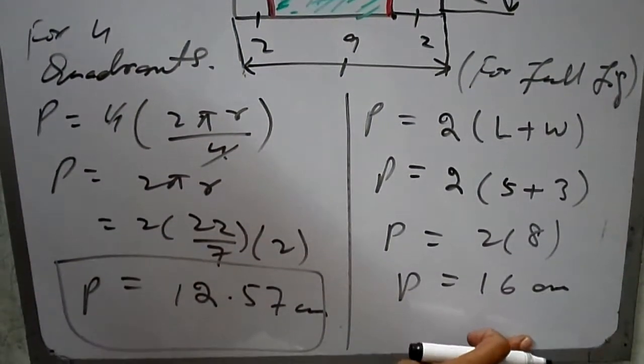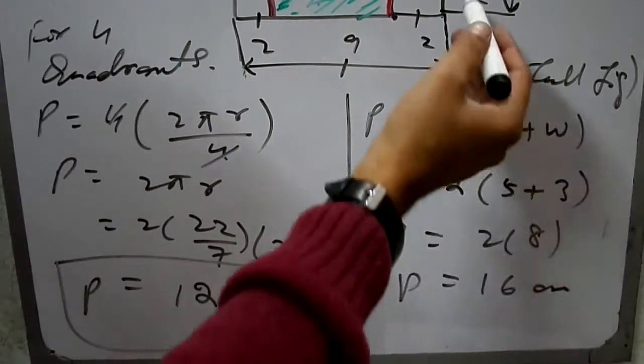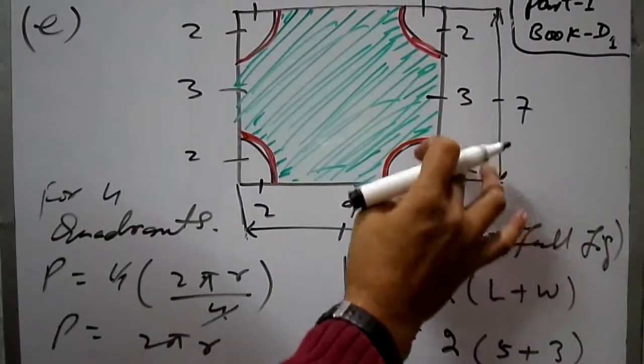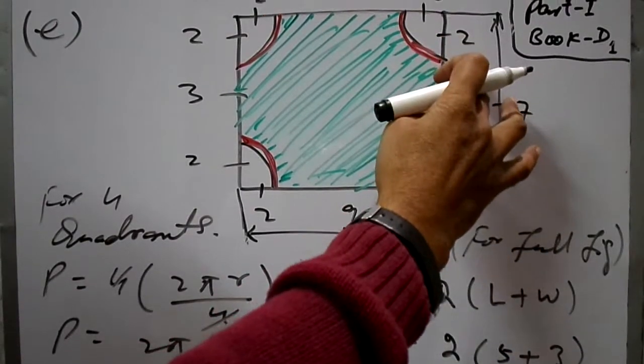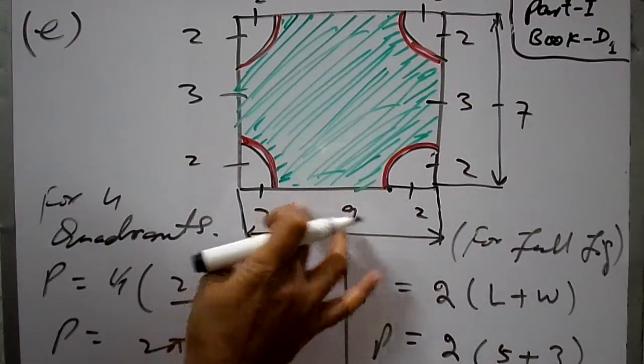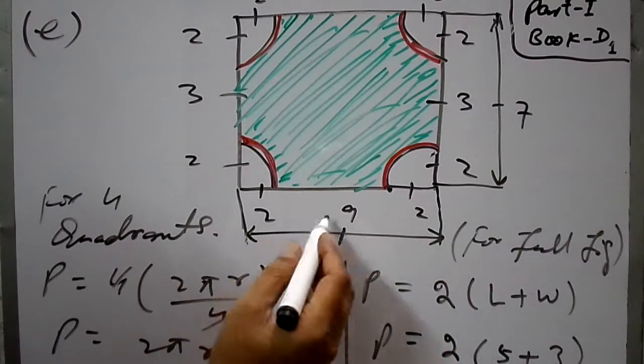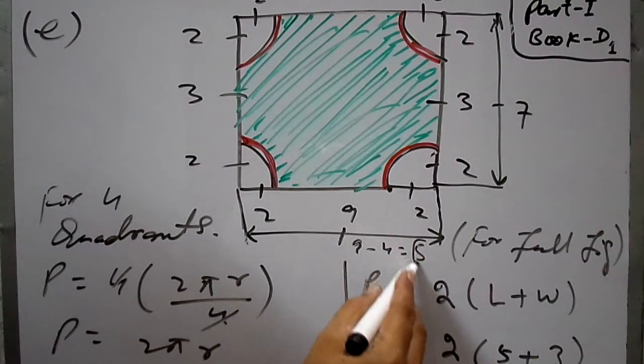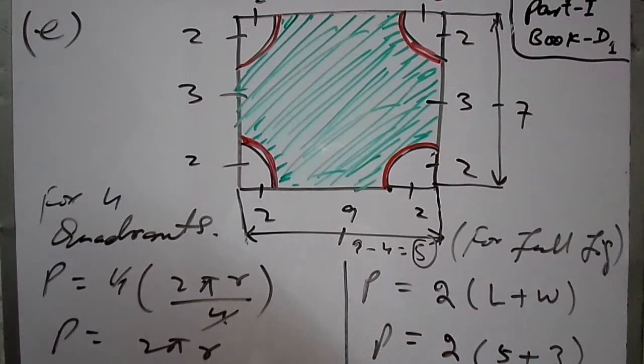So that's why, because 2 cannot be used here, I used only 5 here, because I don't want to take these 2s. So 9 minus 4 you will get 5, 9 minus 4 you will get 5, that's why I used 5 here.